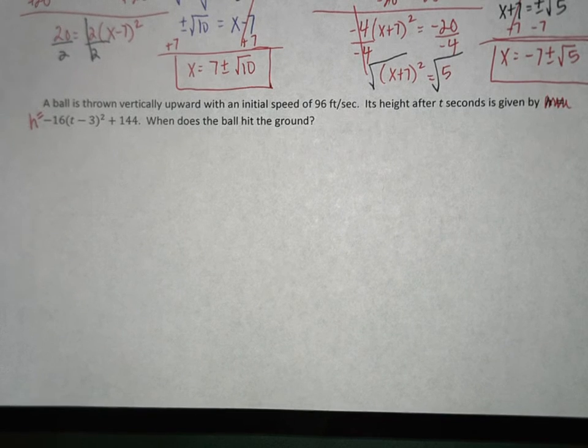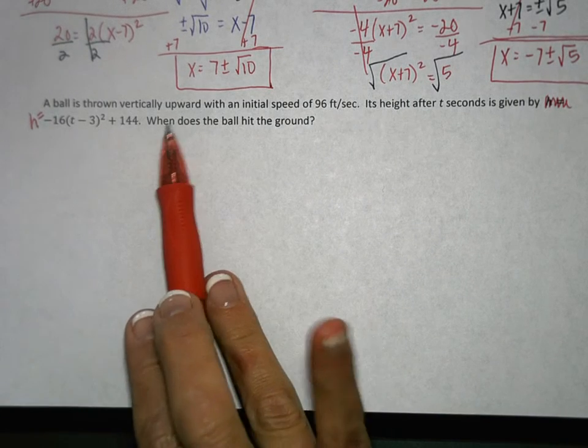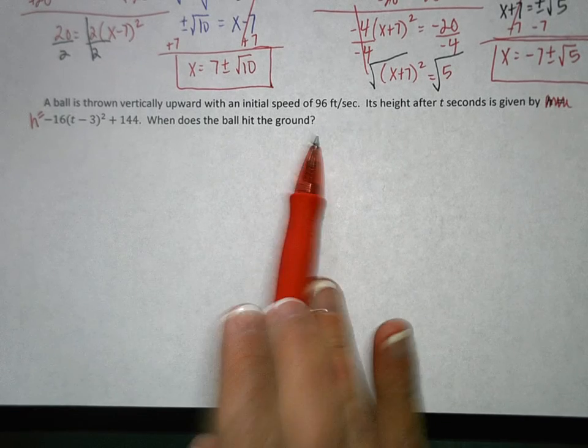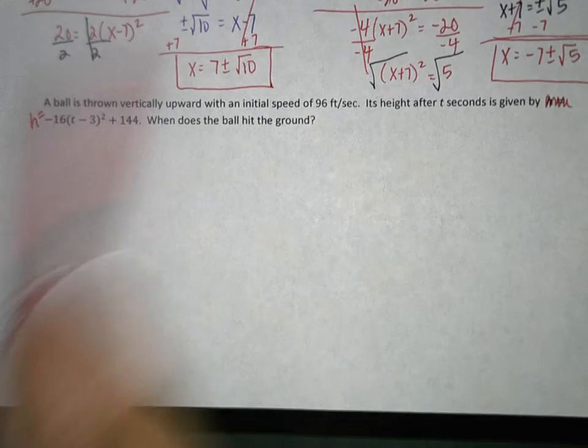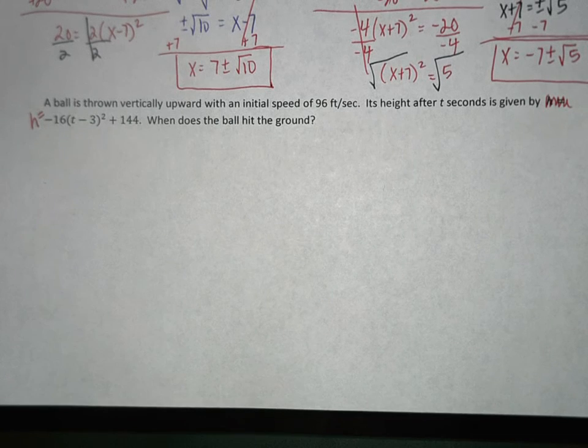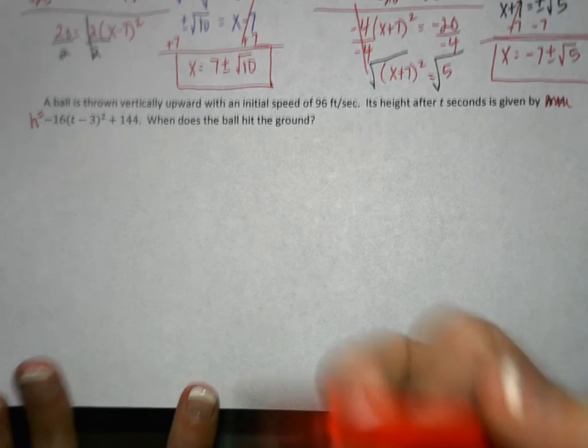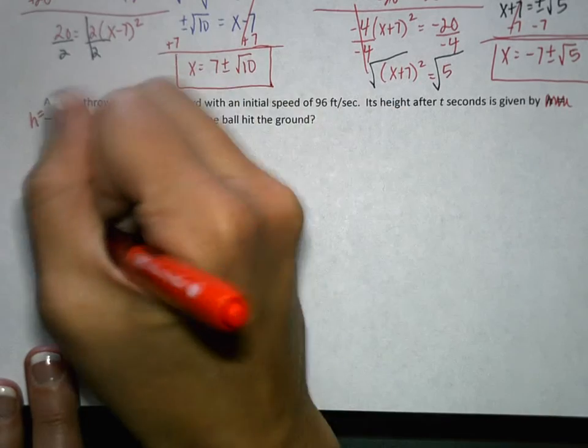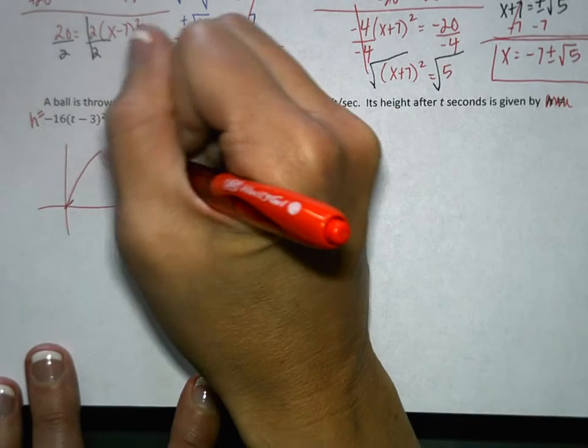The next question it asks is, when does the ball hit the ground? What did we talk about last time with this equation? What did this equation help us to find? The vertex. We found the vertex. So if we're drawing a picture, we talked about how this picture maybe looks something like this.